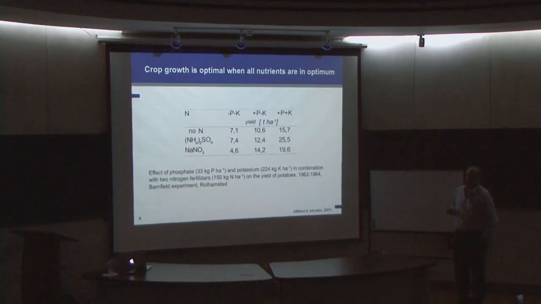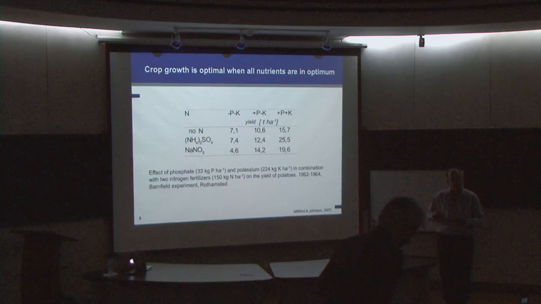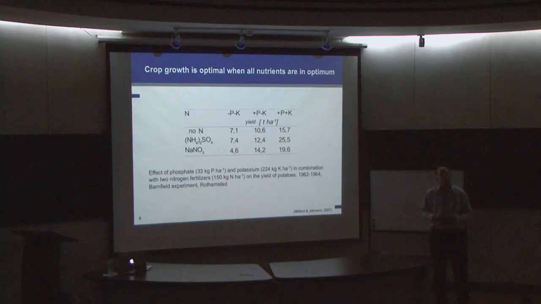And what they basically got out of long, repeated field trials, and what many researchers found out later and repeated again and again, is that crop growth, or plant growth in general, is optimal when all nutrients are supplied at optimal level. Well, that's not so surprising.